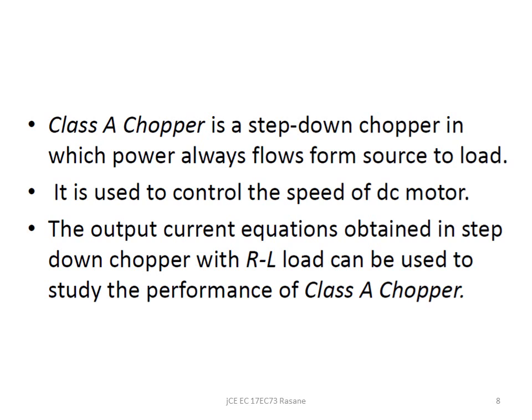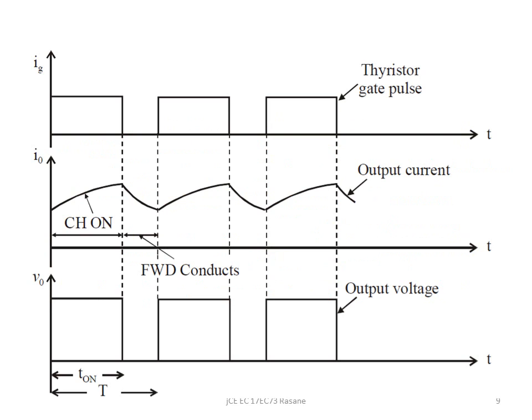If you look at this diagram, this is the gate current that is being given to the chopper. Because the input is DC, the chopper is forward biased all the time, but it will conduct only when the gate pulse arrives. When the gate pulse is given, the chopper conducts, current flows to the load, and it is increasing.